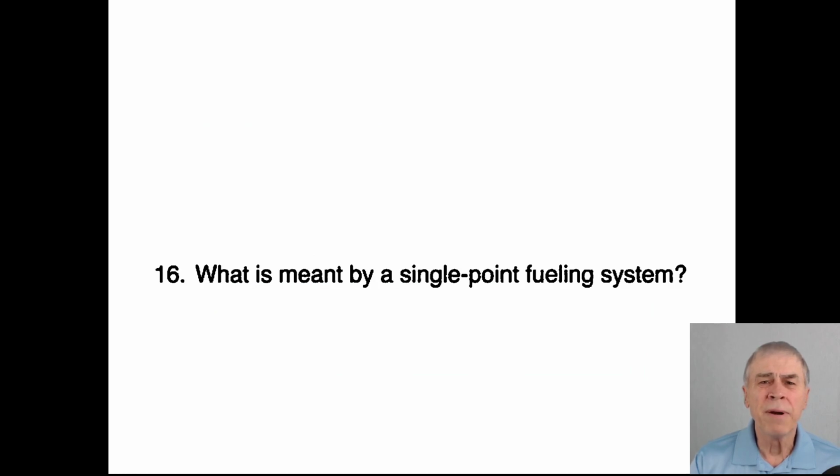And what is meant by single point fueling system? I'll basically explain that it is ordinarily pressure fueling under wing, where one point is used to ordinarily fuel, sometimes defuel, more than one fuel tank.